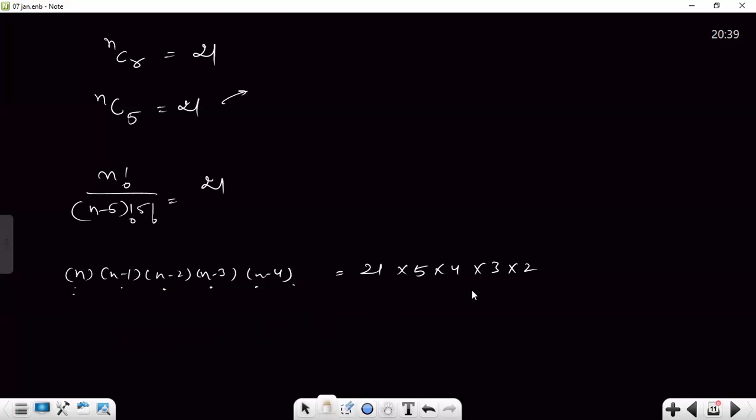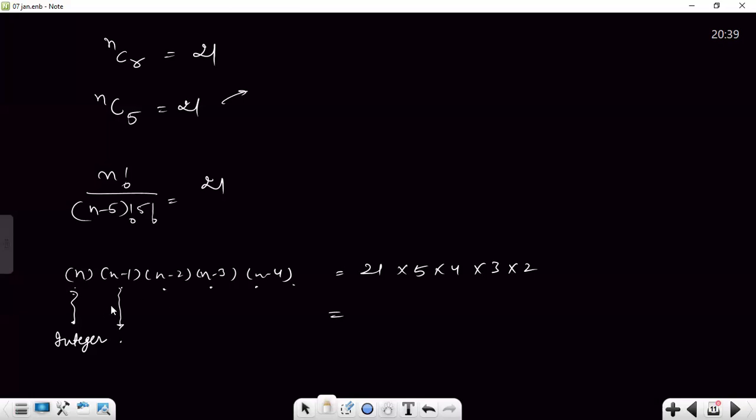Now let's try to make factors on the right hand side with consecutive numbers. Whatever n is going to become here, that will be an integer. If we subtract 1 from that integer, the integer just behind it comes.